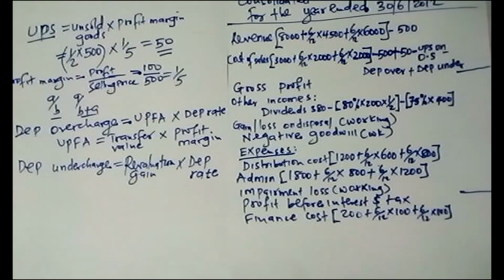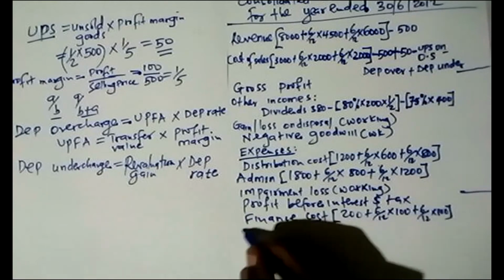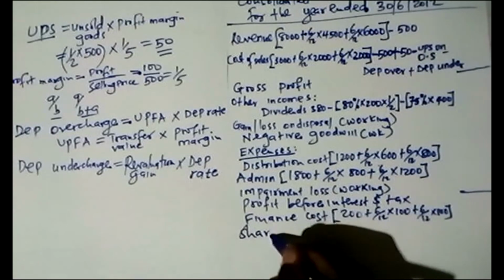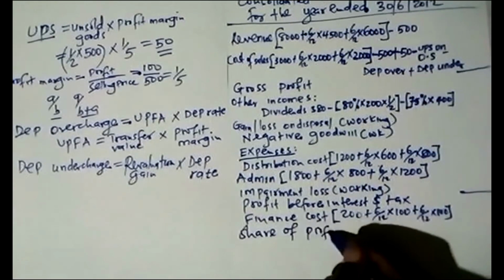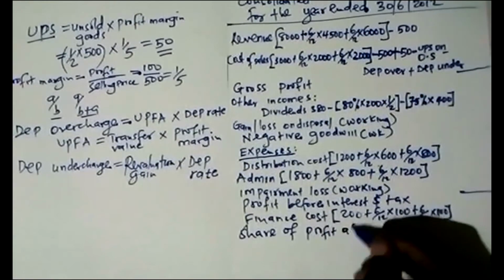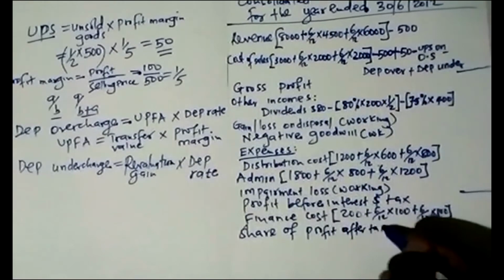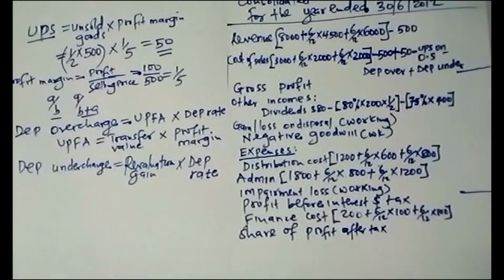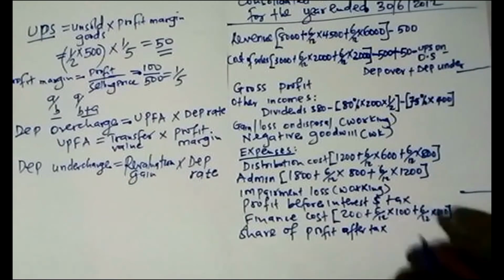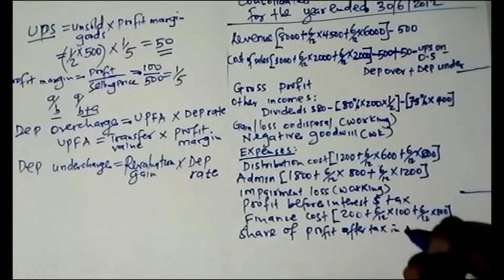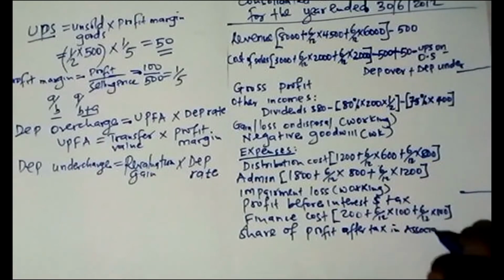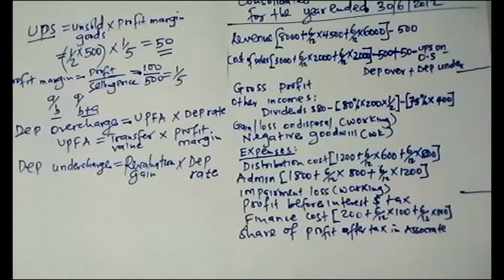So I will take share of profit after tax in associate. And remember, it was just Shika, which was an associate for the last 6 months.